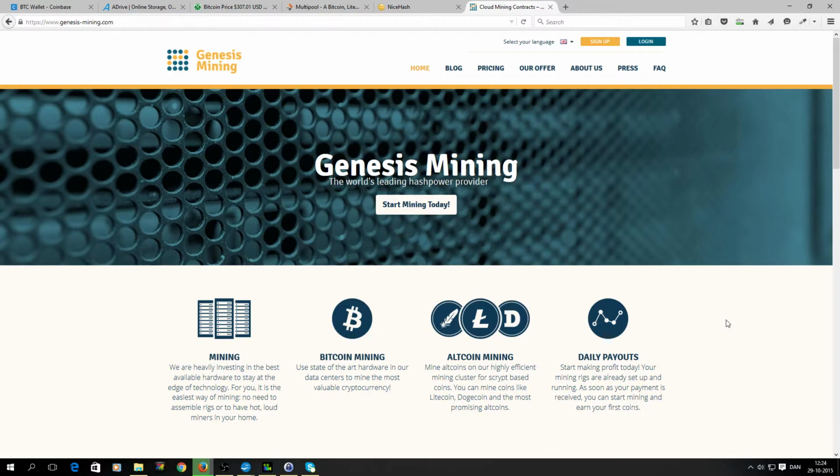A cloud mining provider is normally a bigger company that has set up a big mining farm in an area with cheap electricity, and then they offer people to buy into this mining farm a certain amount of hashing or mining power for a certain amount of time, and in that way mine without the users needing to buy their own equipment.